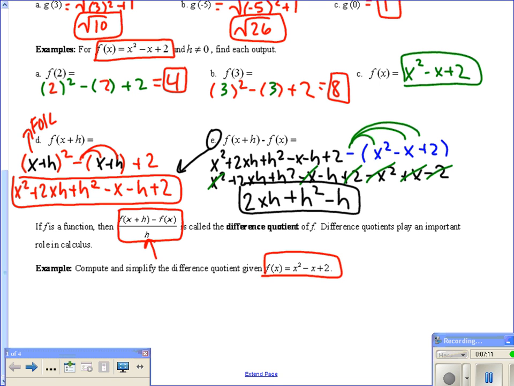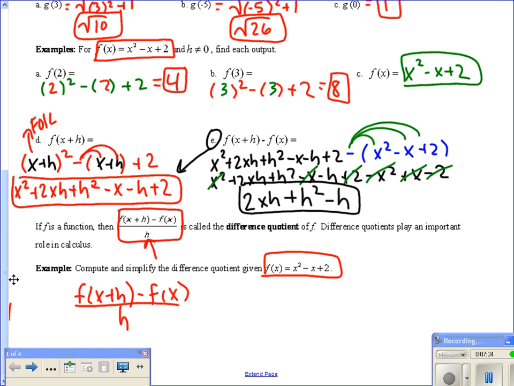Notice that this h right here does not have an h of x or h of anything, so that's not really function notation. That's just a variable in the equation that you're using to compute the difference quotient. So for this, we have f of x plus h minus f of x all over h.